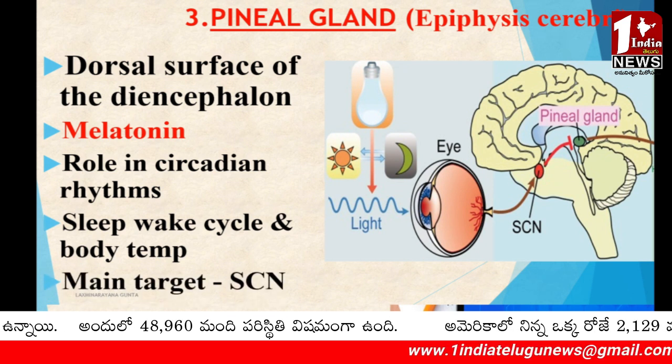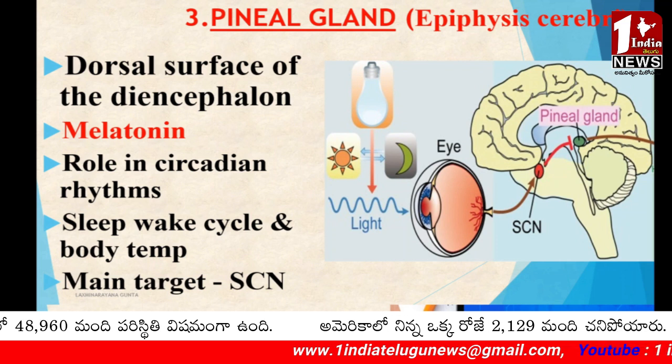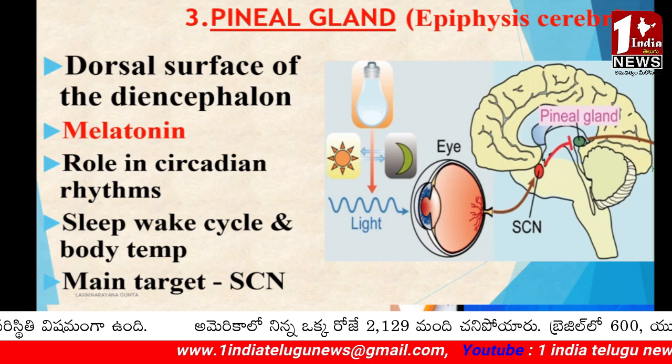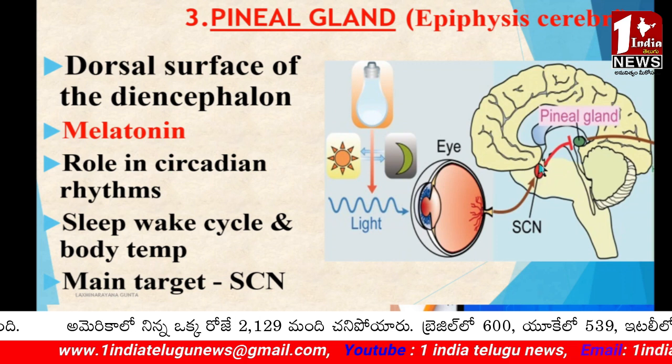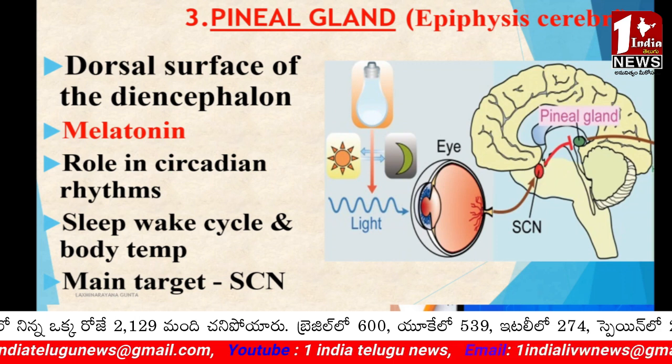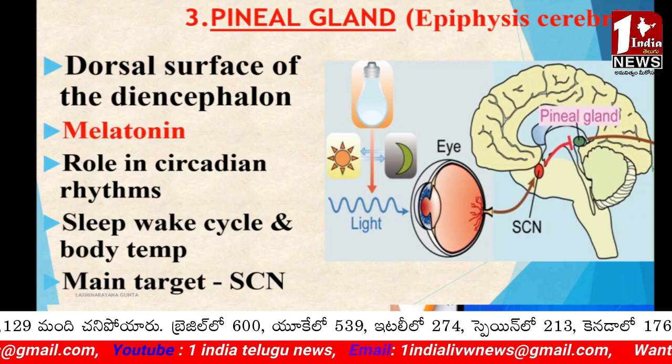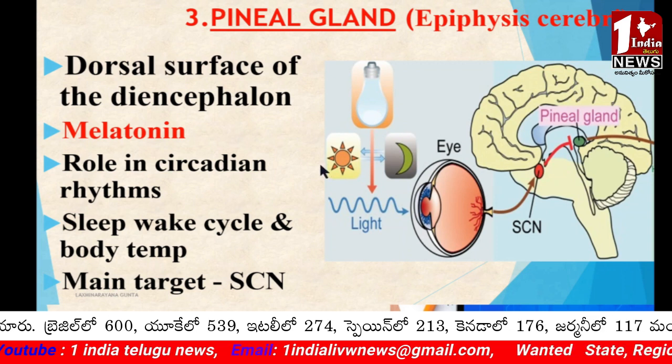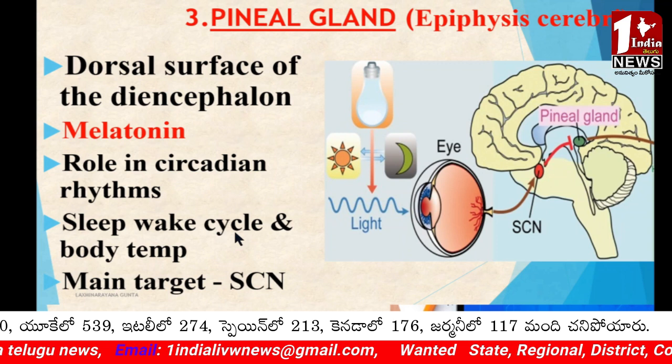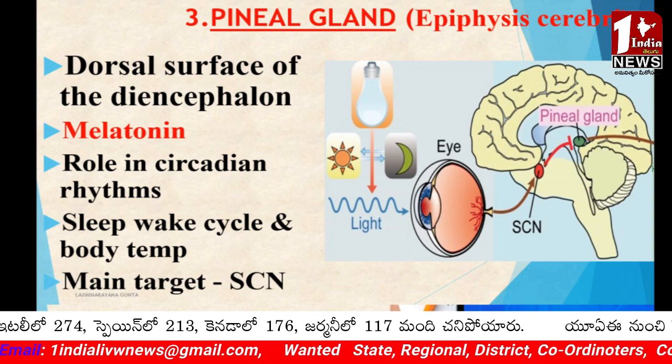The main target of the pineal gland is the suprachiasmatic nucleus, responsible for the biological clock in human beings. That's why the pineal gland is responsible for sleep and wake cycles and circadian rhythms.